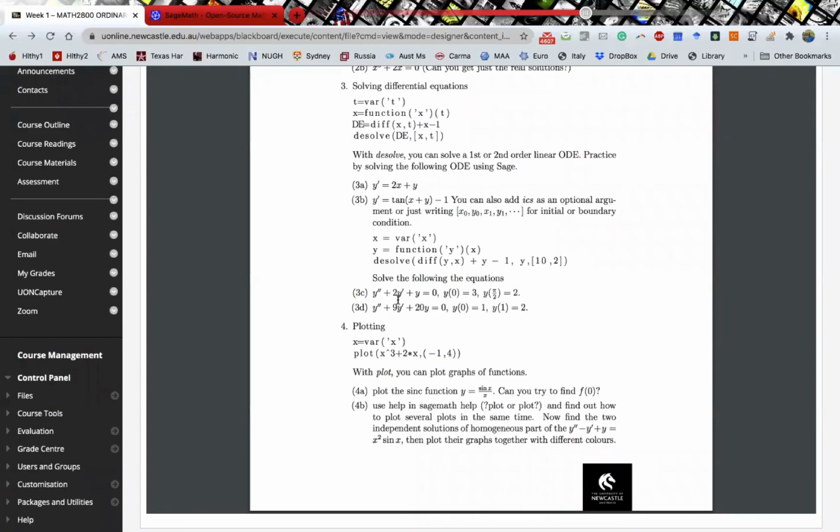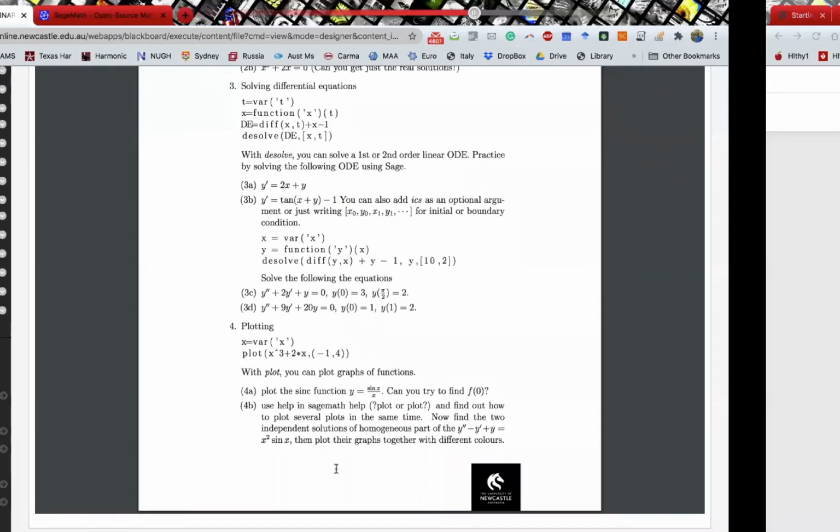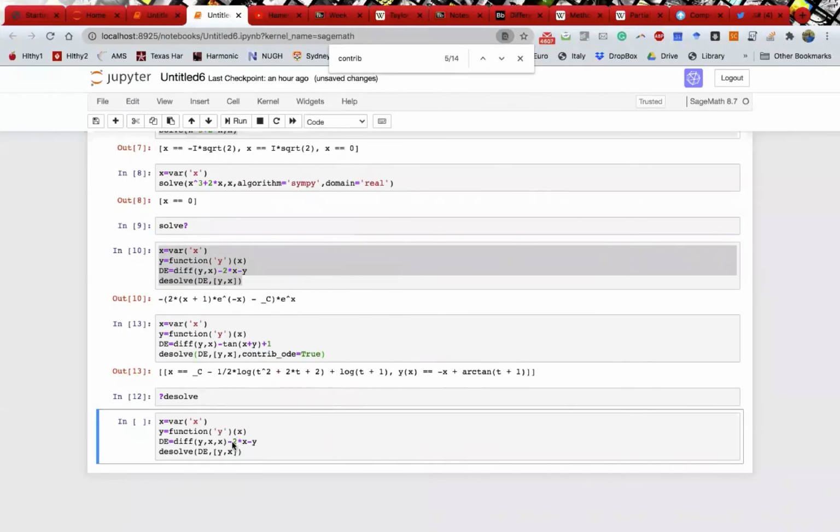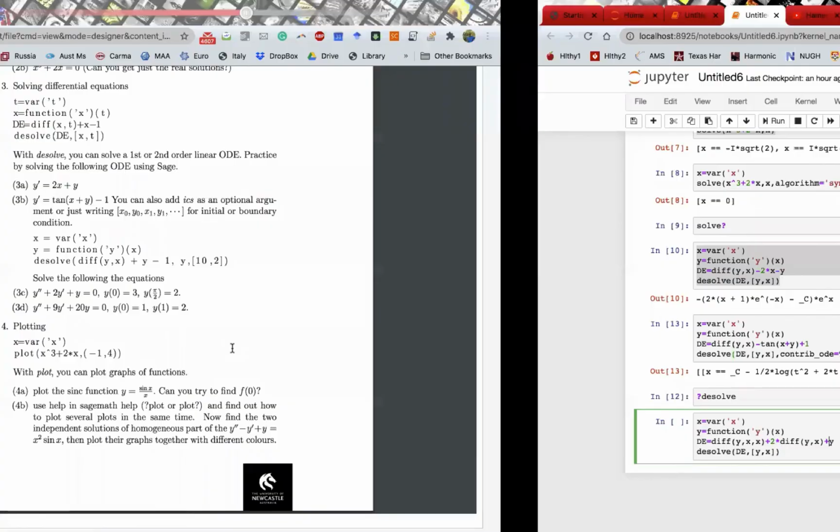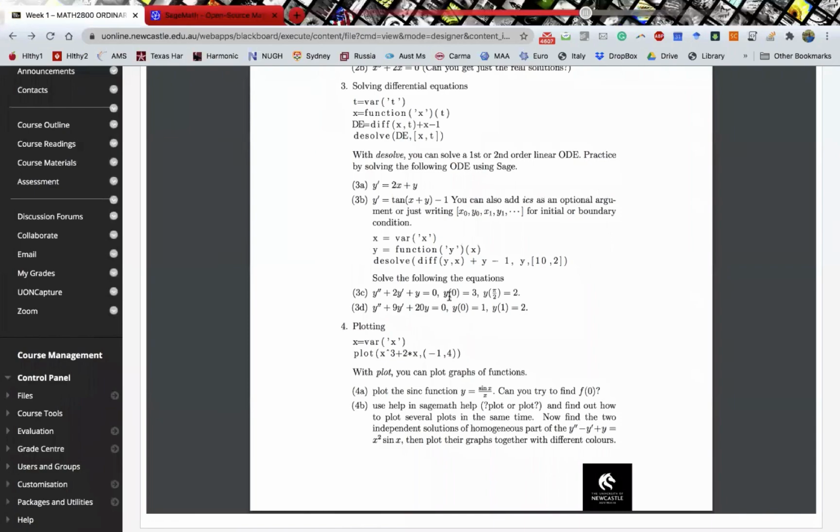I write plus 2y prime plus y. Again, I copy here plus y. Okay. So I will add x0, y0, x1, y1. Remember, y0 equal 3, y pi on 2 equal 2.